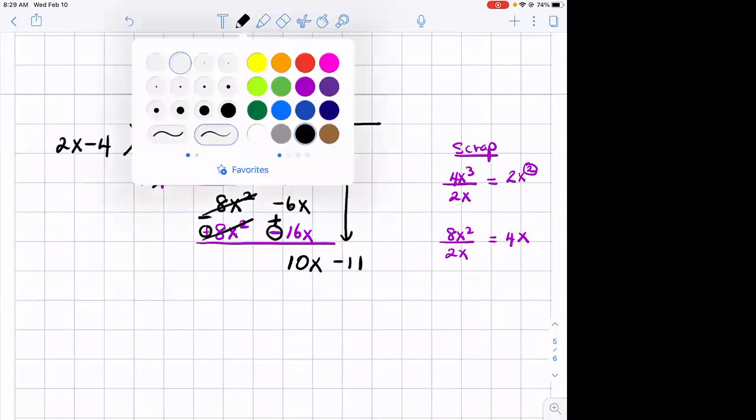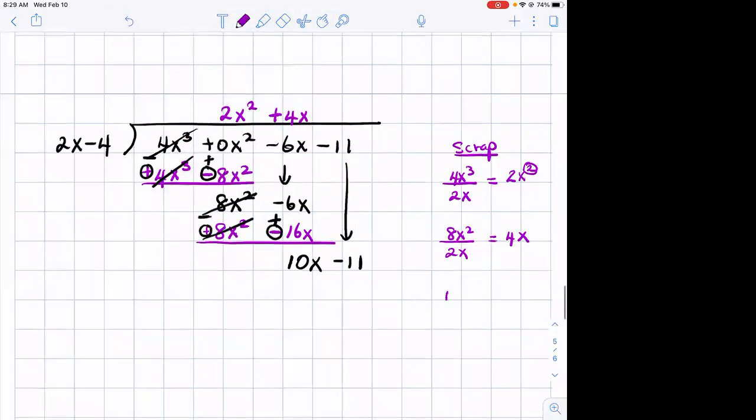And then we do our scrap work again. We have 10x divided by 2x, and that becomes 5. The x's cancel out. So we have a plus 5 here. And then we distribute. 5 times 2x is 10x, and 5 times minus 4 becomes minus 20.